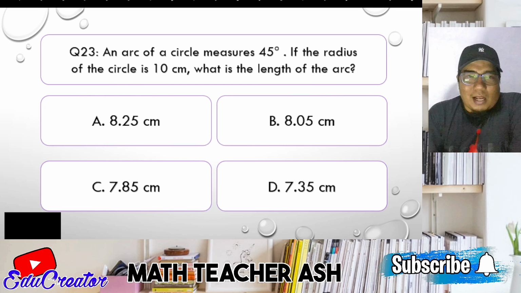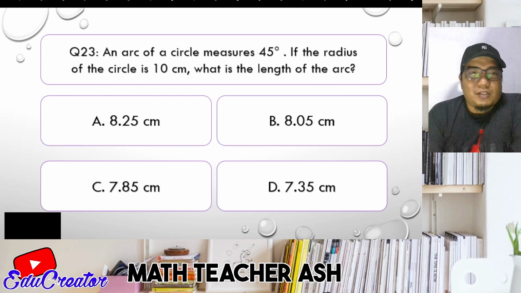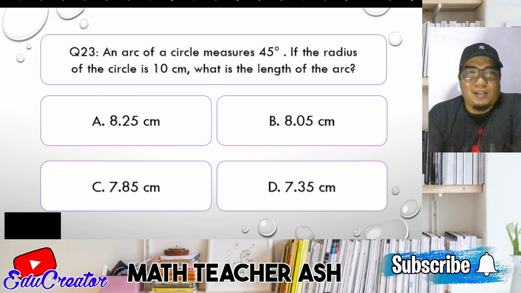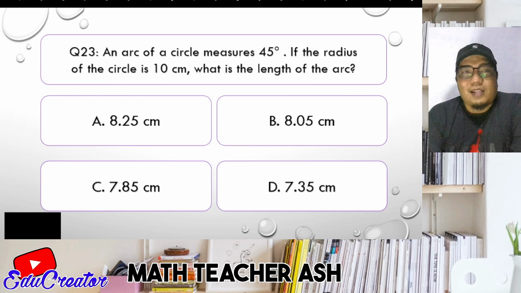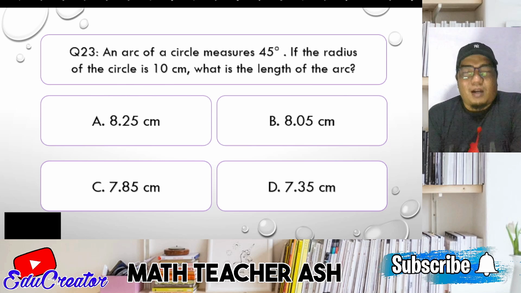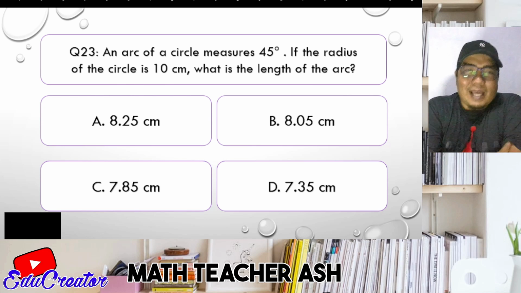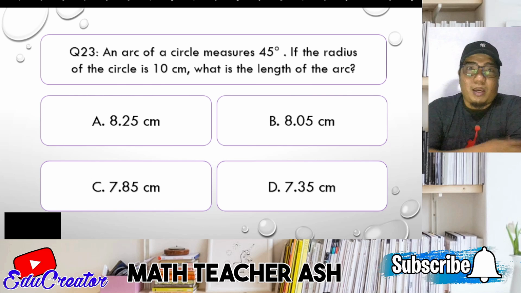Math learners, the question says an arc of a circle measures 45 degrees. If the radius of the circle is 10 centimeters, what is the length of the arc? To get the length of the arc, we should follow a formula.